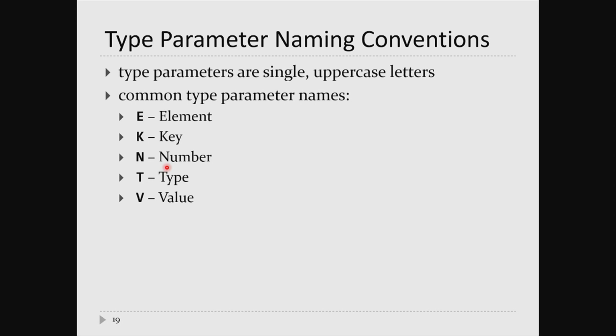If you make a collection that requires a numeric value, you can use capital N. If you don't care about what the type is, and it doesn't necessarily represent an element or a key or a number, you just use T. If you have more than one, you can use S, T, U, V, W, X, Y, Z, something like that. V is sometimes used for a value. In a map, because a map is a mapping between a key and a value, they use the uppercase letter V for the value.